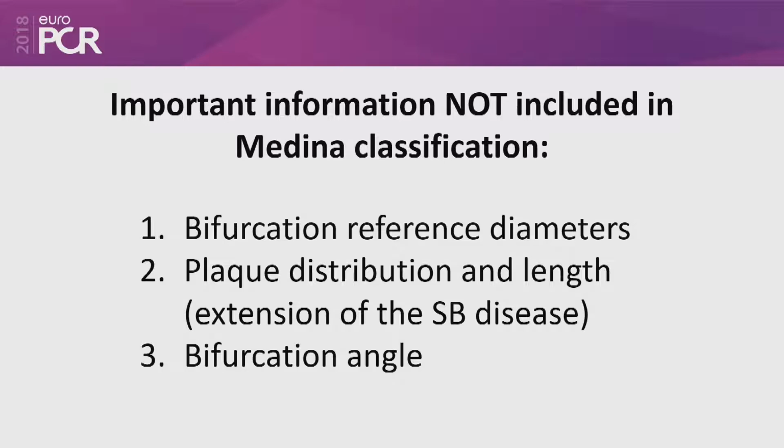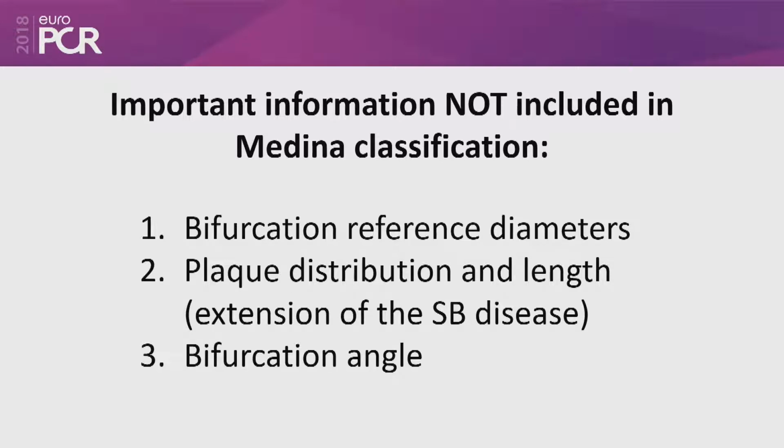So the first piece of the puzzle is what the diameters are. The diameters will tell us how our strategy will be, how we choose our stents, but the diameters may also tell us about the importance of the side branch. If we have a large diameter side branch, it probably will correlate with the importance of the myocardial territory subtended by this side branch. The second point is the plaque distribution.